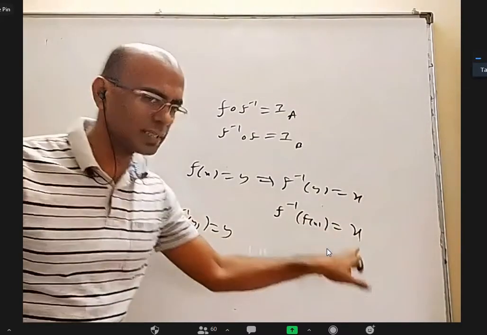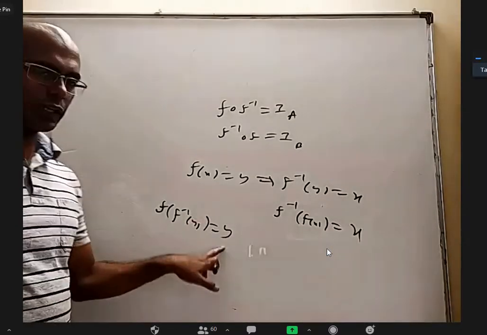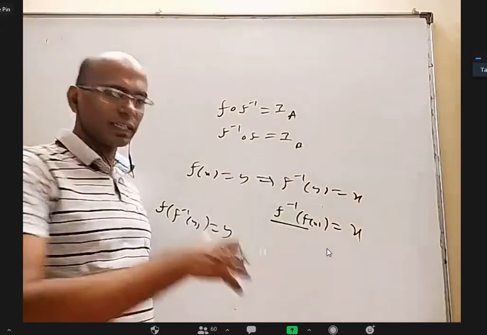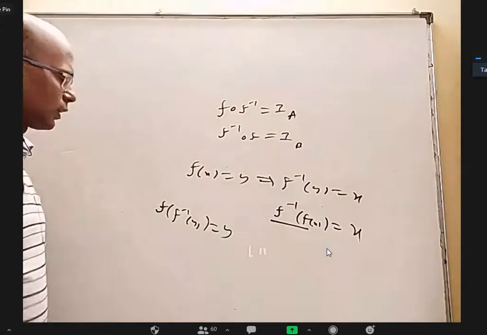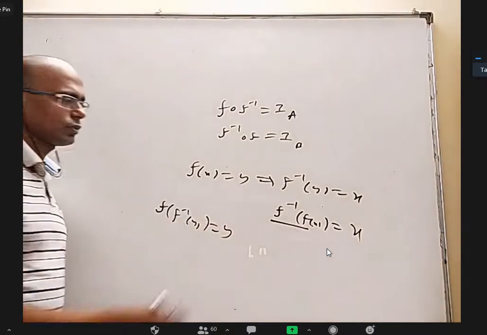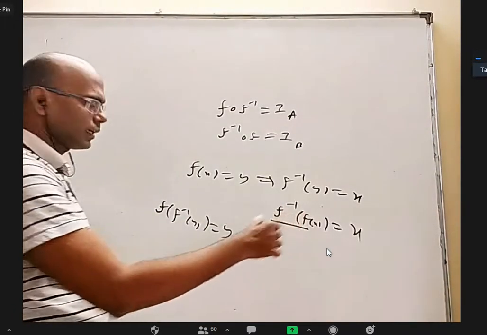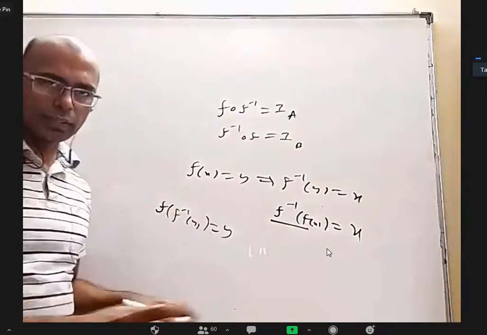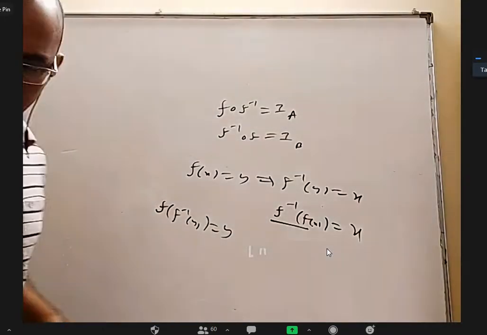So here the image of x is x only, and here the image of y is y. This is also an identity function, and this is also an identity function. But this one connects x to x, which is set A, and this one is y to y, which is set B. So that's why f inverse circle f is I_A and f circle f inverse is I_B. Later on we'll write it as a proper theorem.